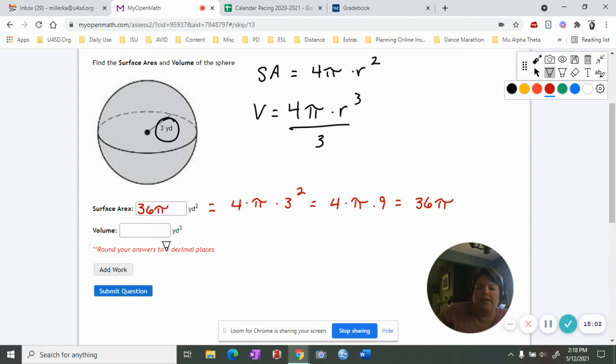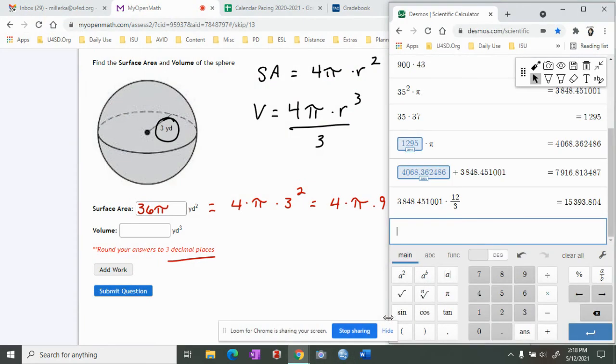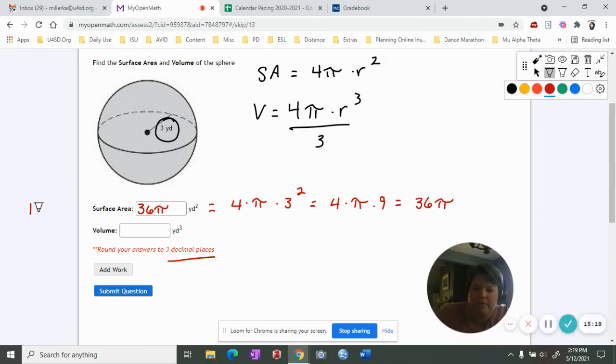You can write 36 pi, or you can write to 3 decimal places. So if you pull up your calculator, 36 times pi, 113.097. Okay, so that would be our decimal approximation.